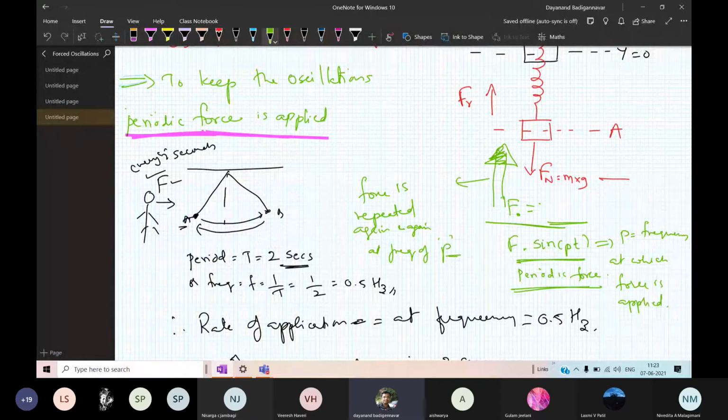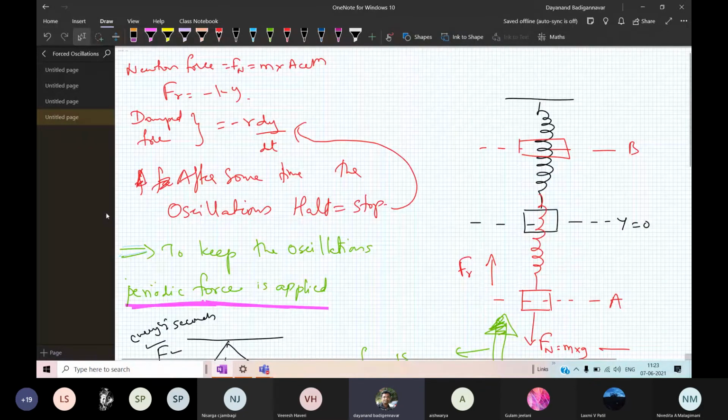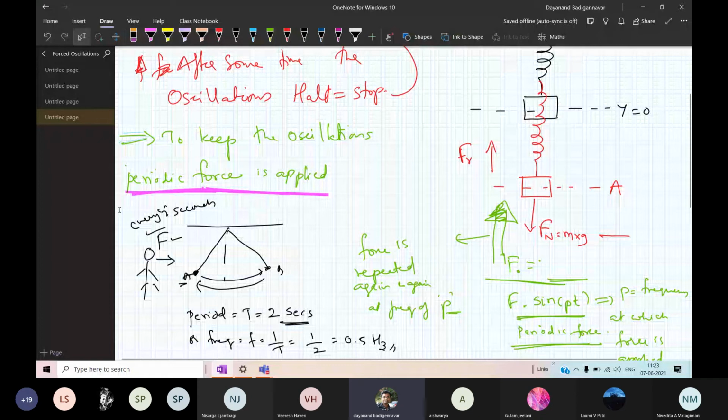Why do you require a periodic force? You require a periodic force to keep the oscillations on. To keep the oscillations on, I have to apply the force at regular intervals.